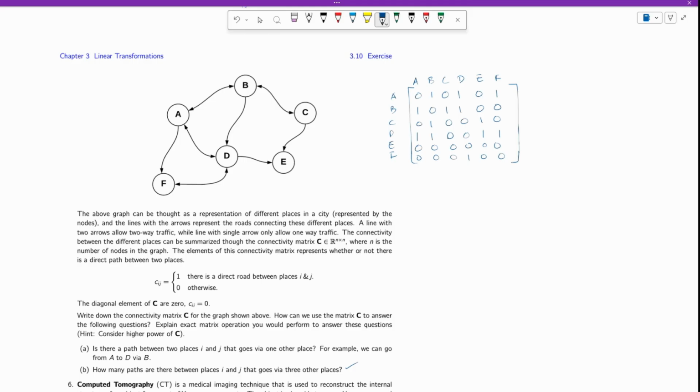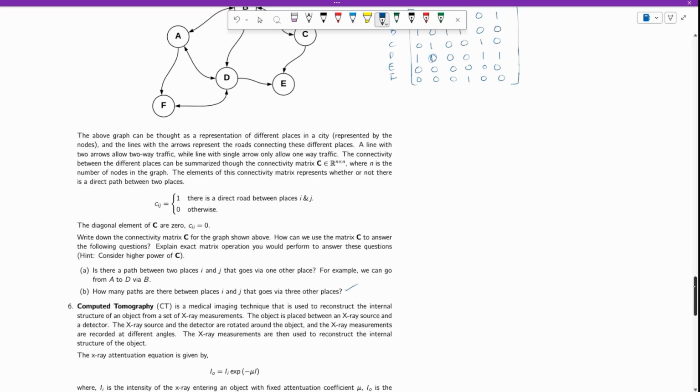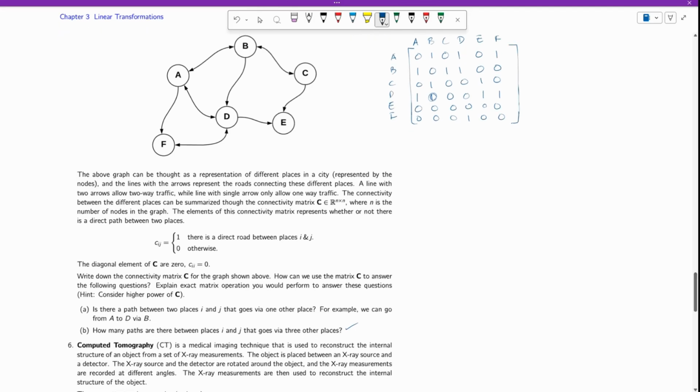Okay. Is there no connection between D and C? Yeah. Yes. D and B? Yes. You're right. Okay. Now is there a path between I and J that goes via another path? How many paths are there between?